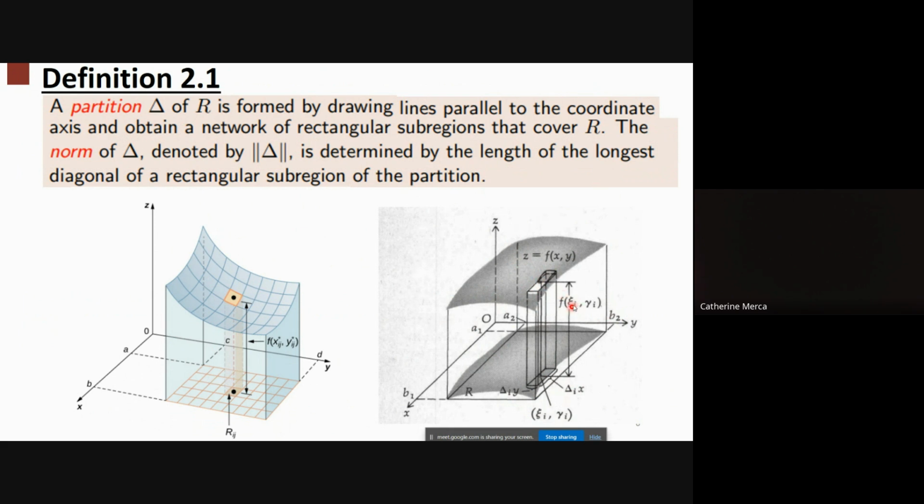So this is your f at psi sub i, gamma sub i. The interval for one rectangular coordinate is from a sub 1 to a sub 2, and the other one is from b sub 1 to b sub 2. This is this portion.